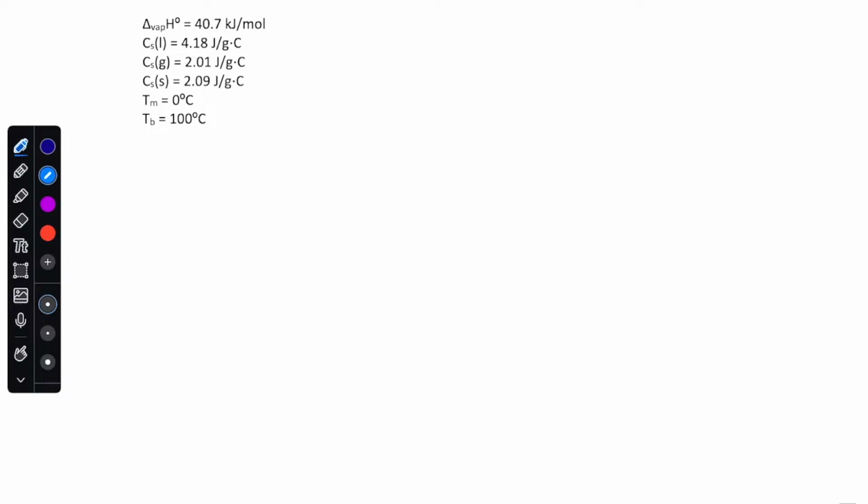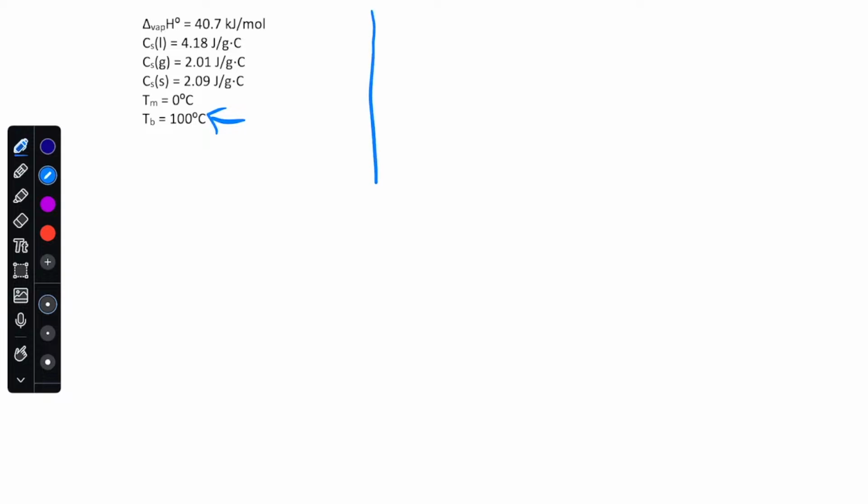Question 35. How much energy is required to heat that much water from a liquid at 65 degrees to a gas at 115, recognizing that this is water which undergoes a phase change at 100 degrees Celsius, right? It's provided here, the boiling temperature of water, which you probably know anyway.